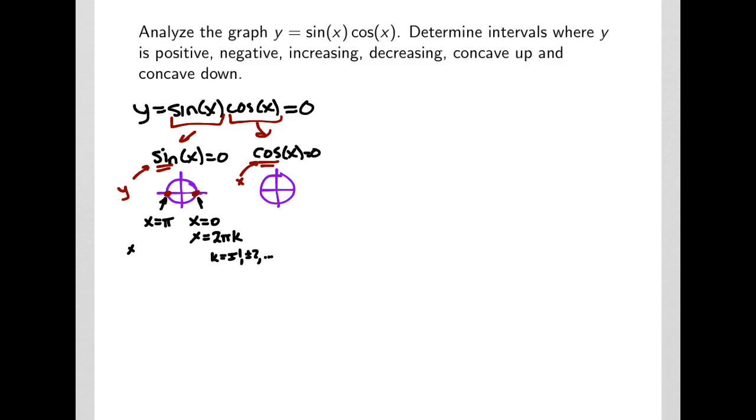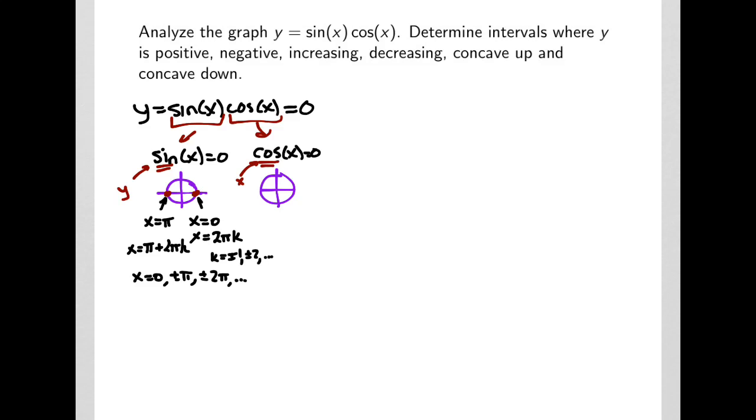So I get x equals pi plus 2 pi k. Again, k is all those integers. And so when I look at the full list, I get x equals 0, plus or minus pi, that's when I'm on the left, plus or minus 2 pi, that's back on the right, and this continues on forever.